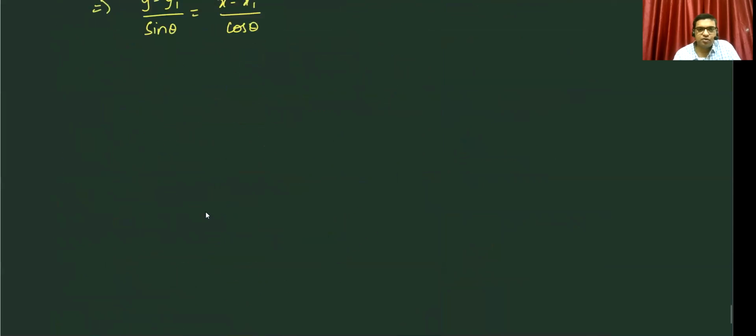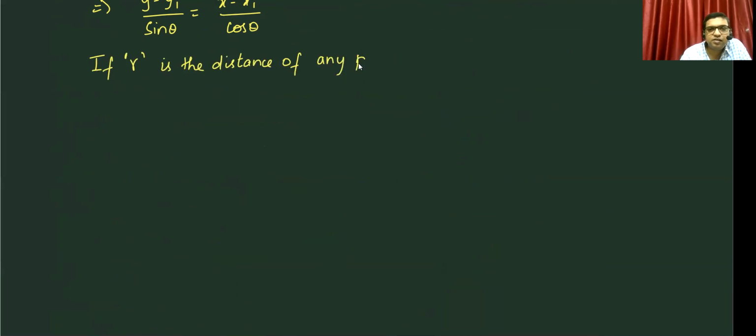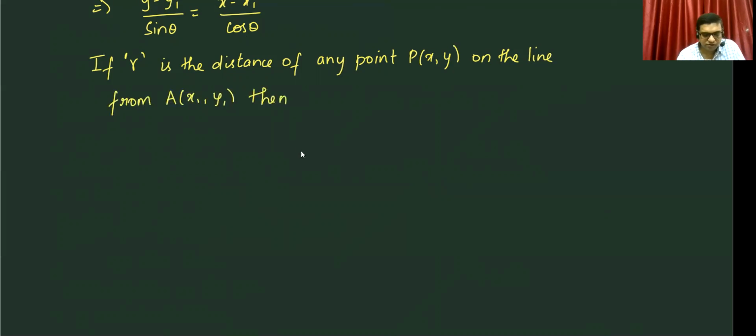So if r is the distance of any point P on the line from A (x1, y1), then you just see this.